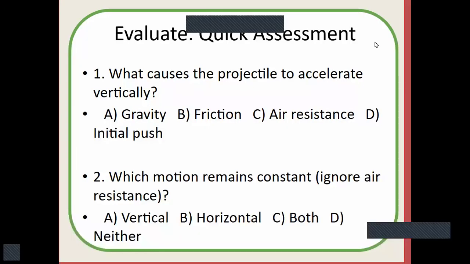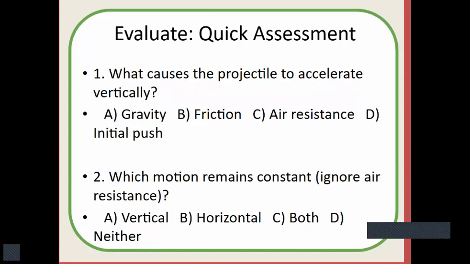Now, everybody send in your answers on the chat. First question: what causes the projectile to accelerate vertically? You just type in the letter. Then the second question: which motion remains constant during projectile motion, ignoring air resistance?